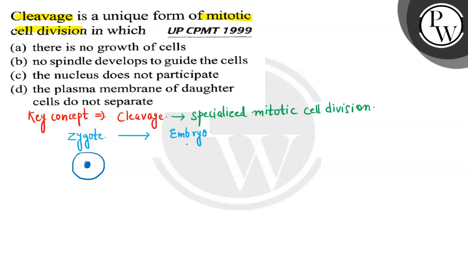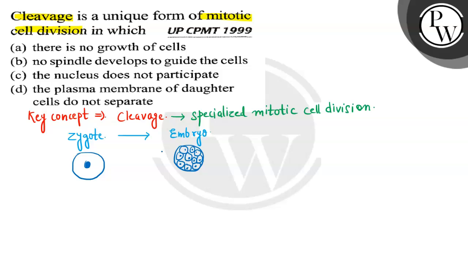The size of the embryo will be similar to that of the zygote, but here we will have a large number of cells. Many cells as well as many nuclei will be present in the embryo, and every cell will have a nucleus inside it. In simple terms, the embryo is a mass of undifferentiated cells.